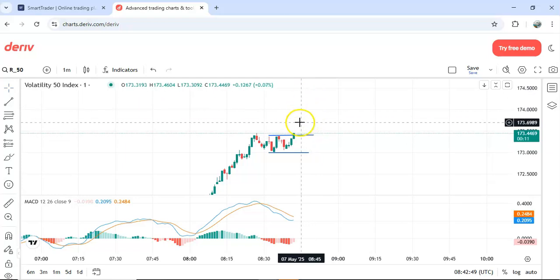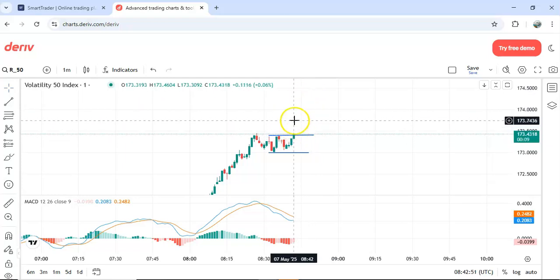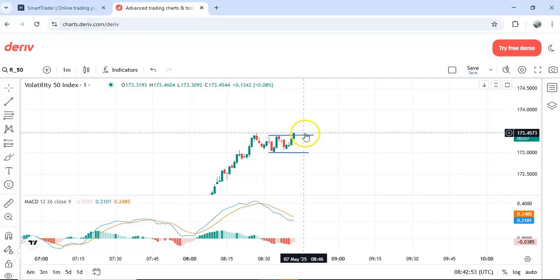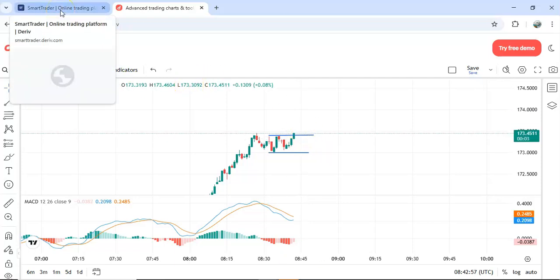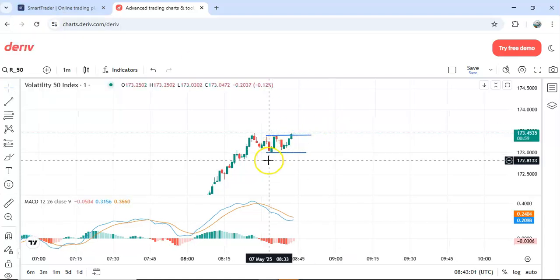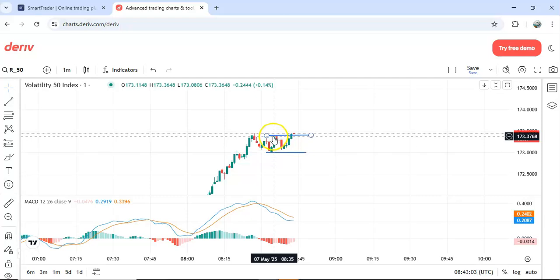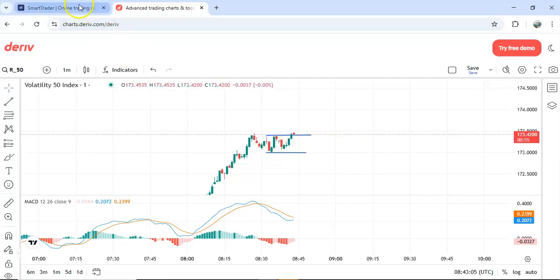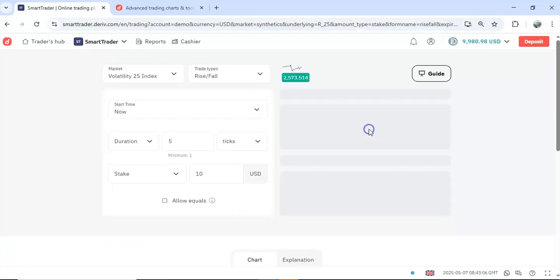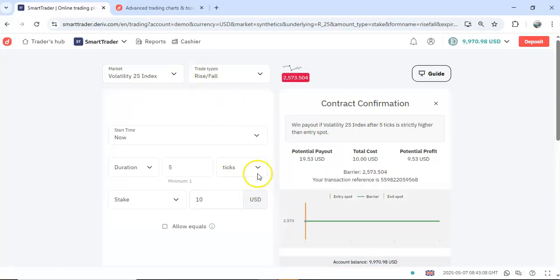So it's still going up, but from this market structure you can tell buyers are in control. So maybe this one was still a pullback, and then the market continue going up. So because this one is a rise, we can wait for it to retest, and then we enter our market.